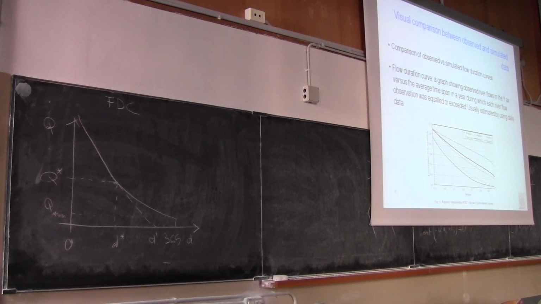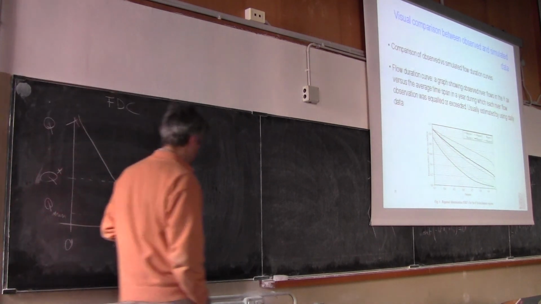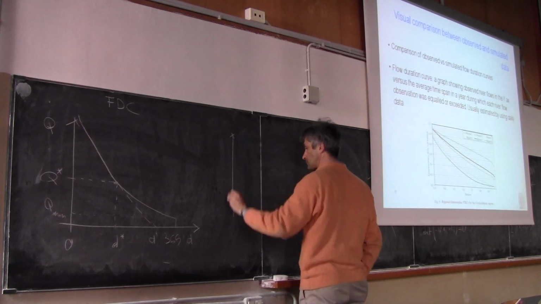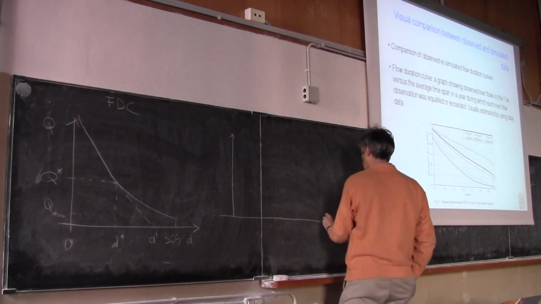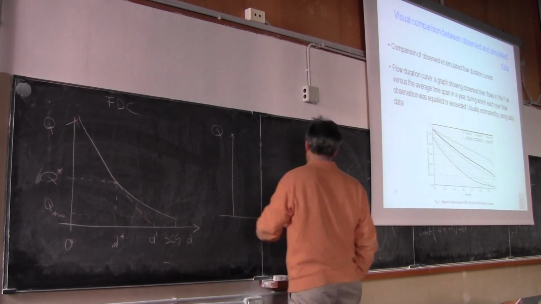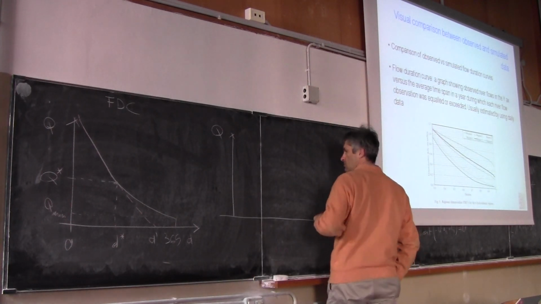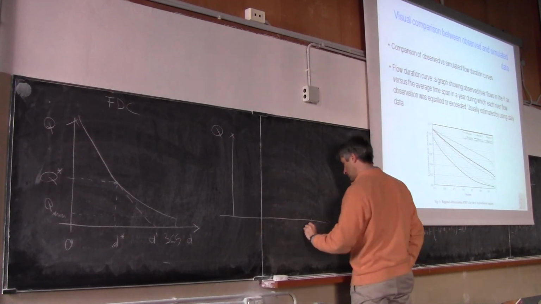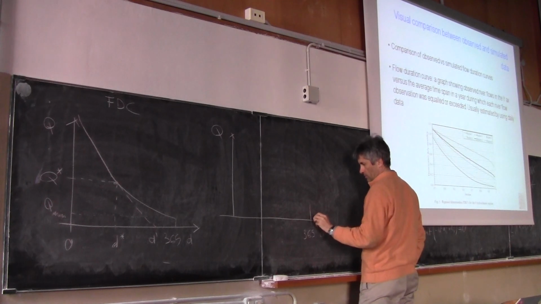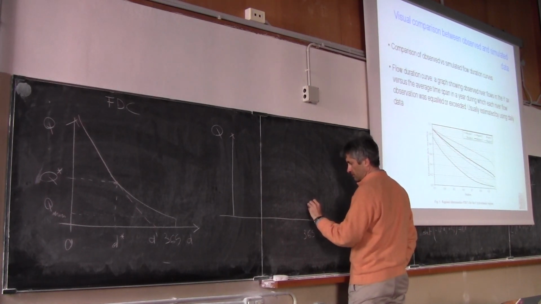The shape of the flow duration curve tells you a lot of information. Let me provide some examples. The shapes can be very different. Let me make 2 examples for the same value of Q min.